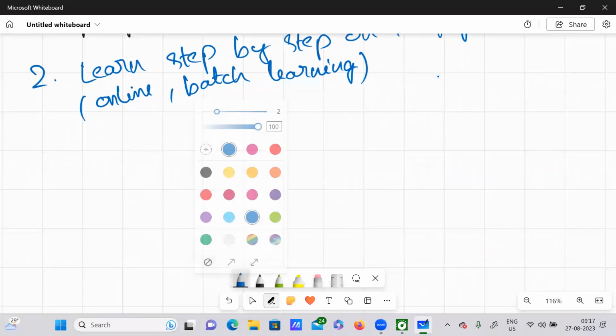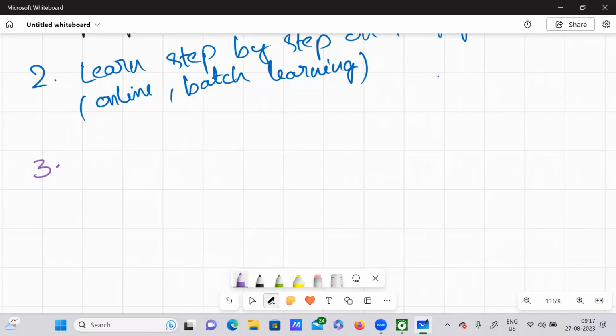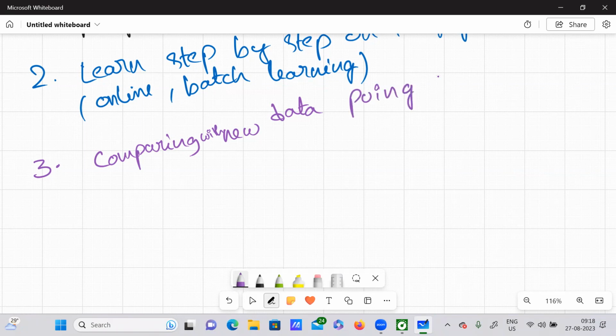And we also have the third one, that is comparing new data points with known data points, already known data points.